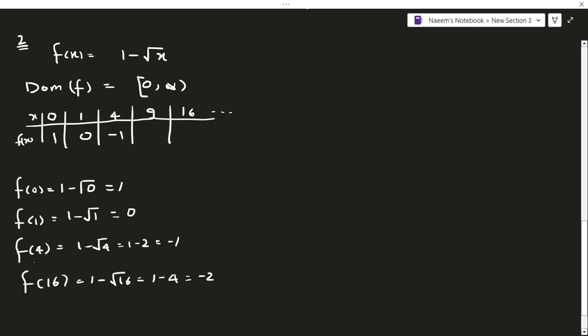Oh, 9 was missing. Now, on the same lines, nothing changed. Observe the function, maximum value is 1.